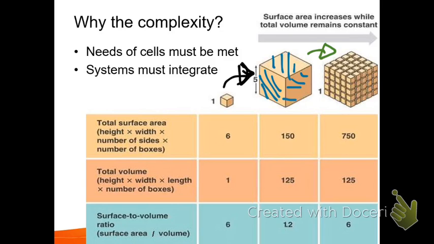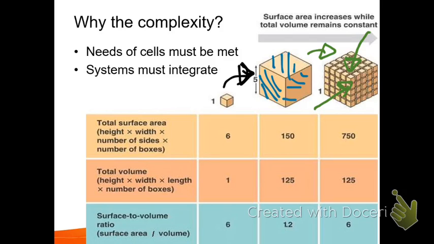So instead we have a whole bunch of different cells. But what you then need is a way of getting what you need inside these little spaces. You could just have them floating in a fluid, but that means you then have to wait for all your good substances from the outside to diffuse inside.